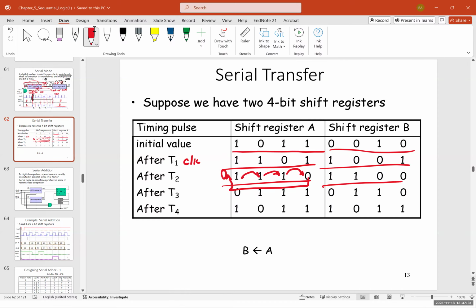What happens to the register B? Everything shifts to the right. This 0 falls off, and this 0 that we had here goes there as well. So it's going to be 0, 1, 1, 0. Is it clear?